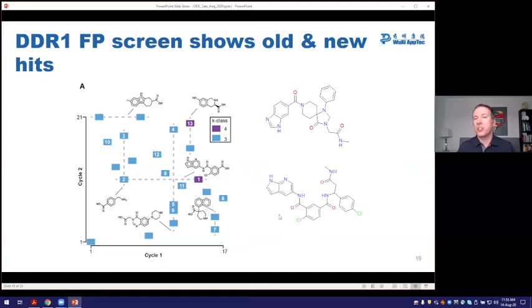A hit such as this is known to hit targets such as DDR1. And we also found certain hits which we hadn't ever seen in the past as well. And we synthesized some of these hits, and we found that they too were indeed active against DDR1. And so we use this as a proof of concept to show that this type of screen could work.